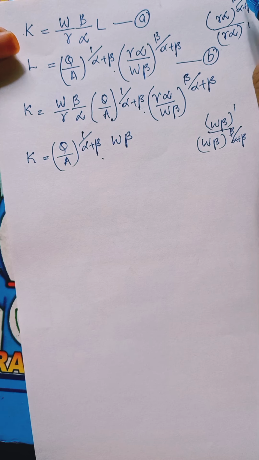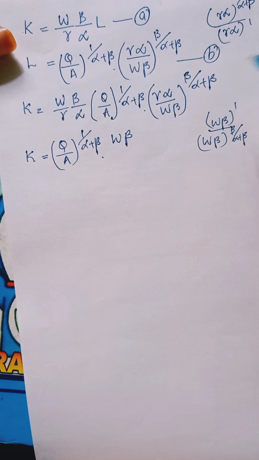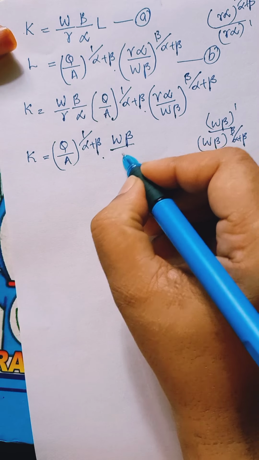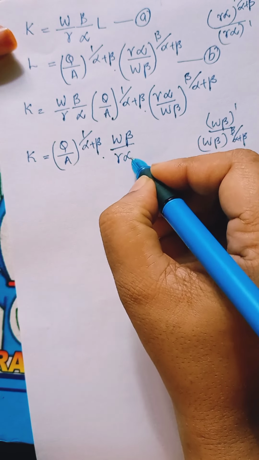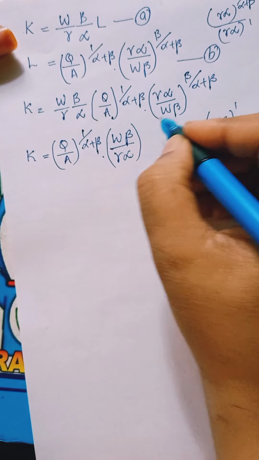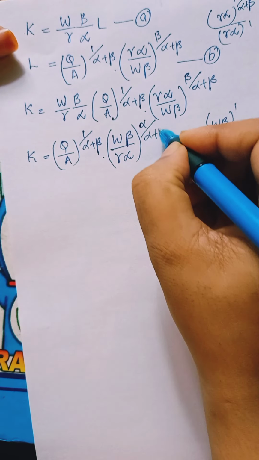Then it will become beta minus alpha minus beta. Beta minus beta cancel and it will remain as minus alpha by alpha plus beta. Therefore, these two terms, W beta and R alpha, can together be written as W beta by R alpha with a common power alpha by alpha plus beta.